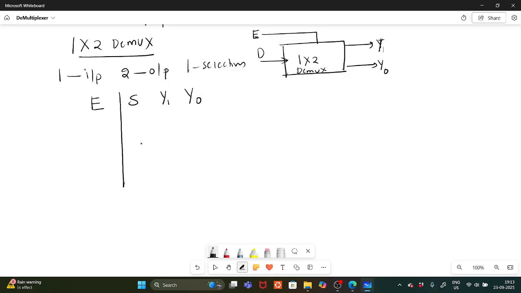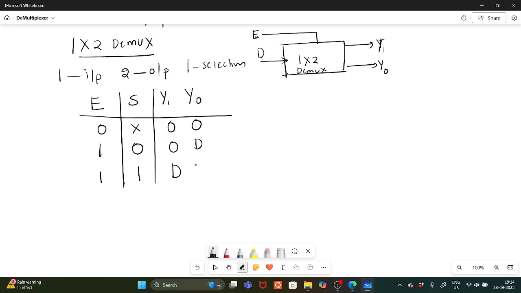Next you need to draw the truth table. When enable equals 0, whatever the selection line may be, you get the output 0, 0. When enable equals 1 and the selection line equals 0, the D input is connected to y0. When enable equals 1 and the selection line equals 1, the D input is connected to y1.